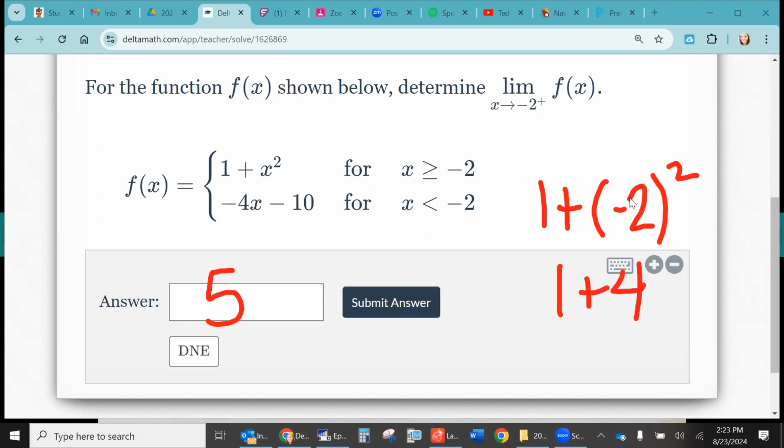But notice, even though it's the break point, I'm not plugging into both sides because this is only a one-sided limit to begin with. If it asks you for x approaches -2 period, then you plug into both sides. Make sure that you get the idea. I do not care if you keep track of the notation for left and right limits when you're doing Delta Math. Mainly for your notes, if you're looking back on it, I want it to be right. You can do it.